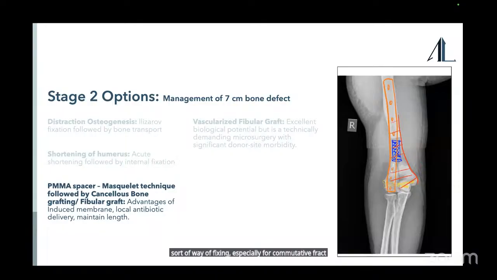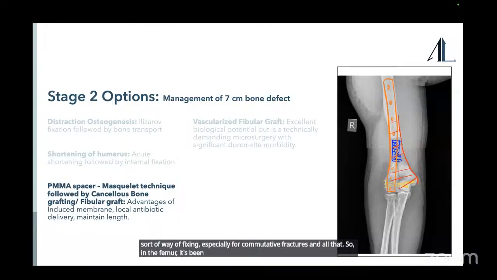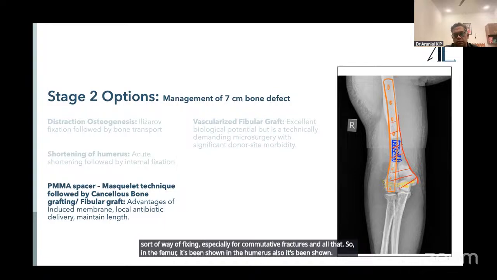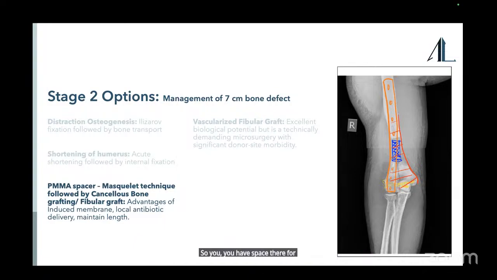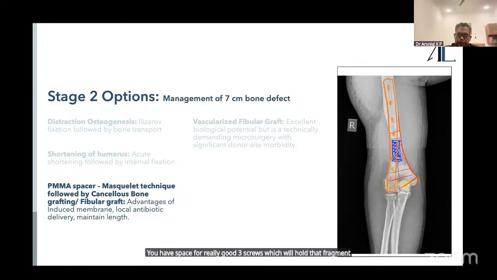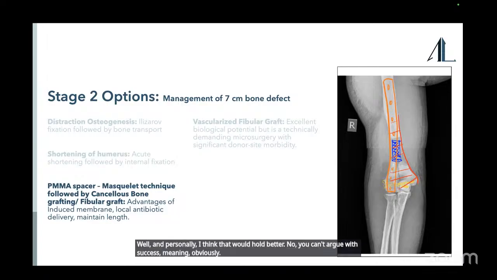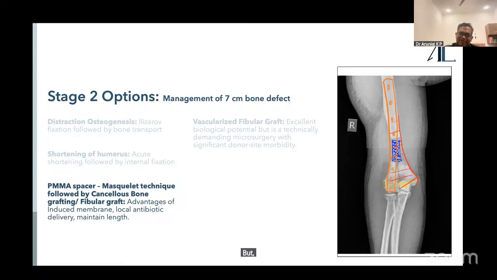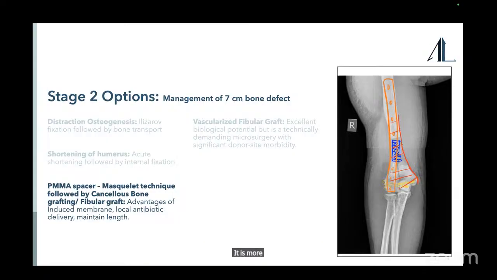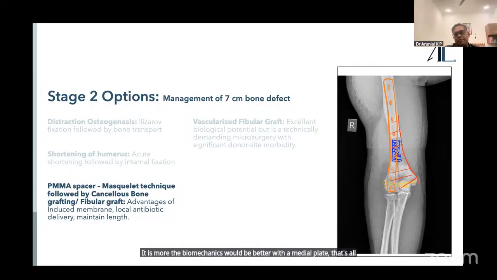In the femur, it's been shown. In the humerus also, it's been shown. So you have space there, like in your diagram, for really good 3 screws which will hold that fragment. Personally, I think that would hold better. You can't argue with success, meaning obviously your system has worked. But I think the biomechanics would be better with a medial plate. That's all. Yes, sir. I take that, sir.